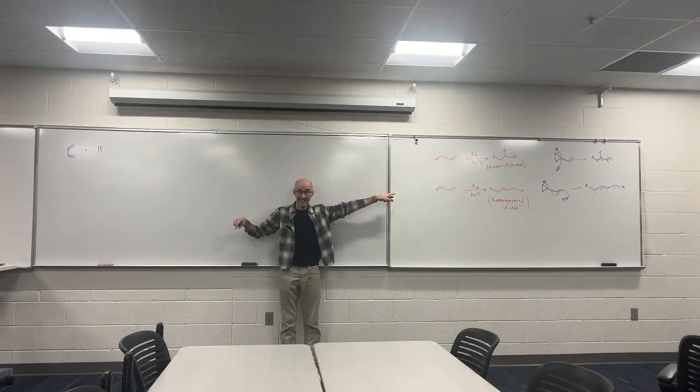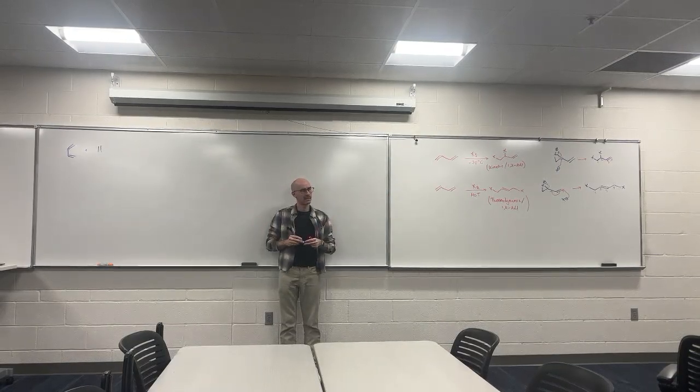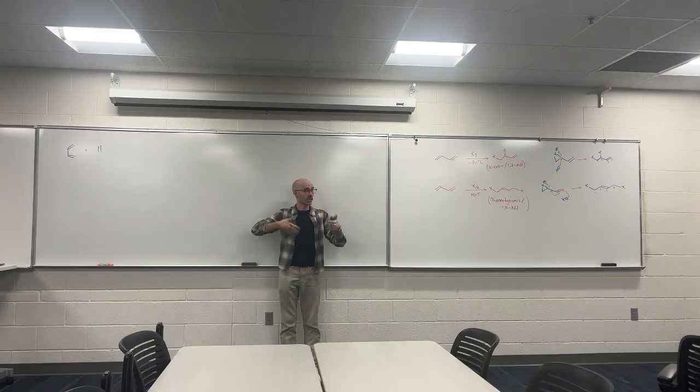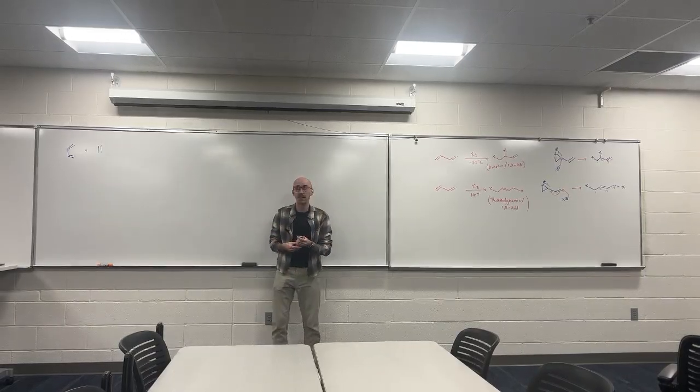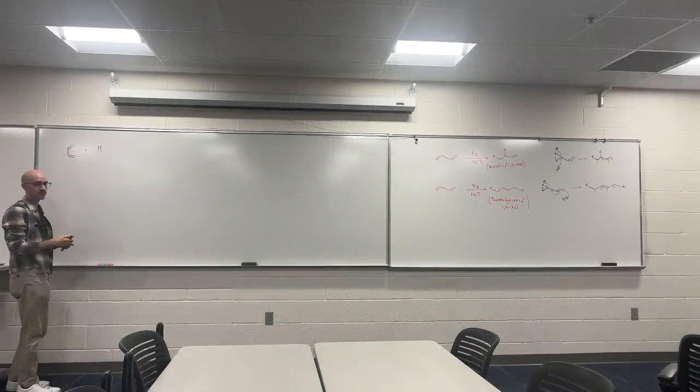Go from zigzag to zig-zig. That's a change in what? Conformation. Configuration is like going from R to S or trans to cis. Conformation is just rotating around a sigma bond, and that's actually this sigma bond.